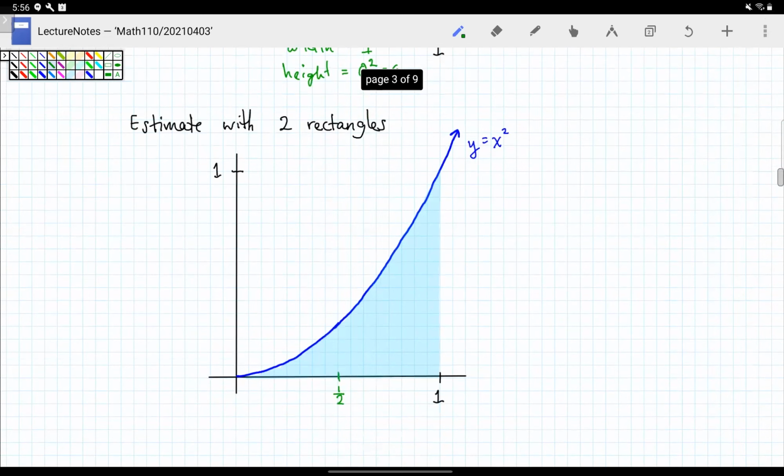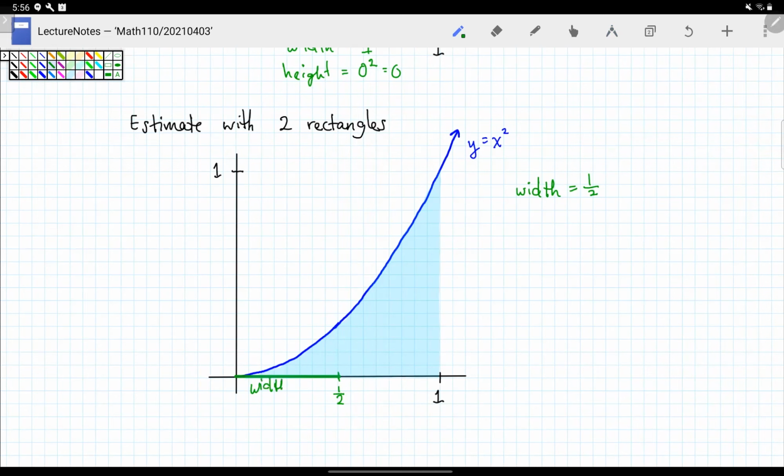Okay, with 2 rectangles. Again, the width of each rectangle is going to be 1/2. That's the length of the whole interval divided into 2 equal parts. The first rectangle is going to have height 0 again.